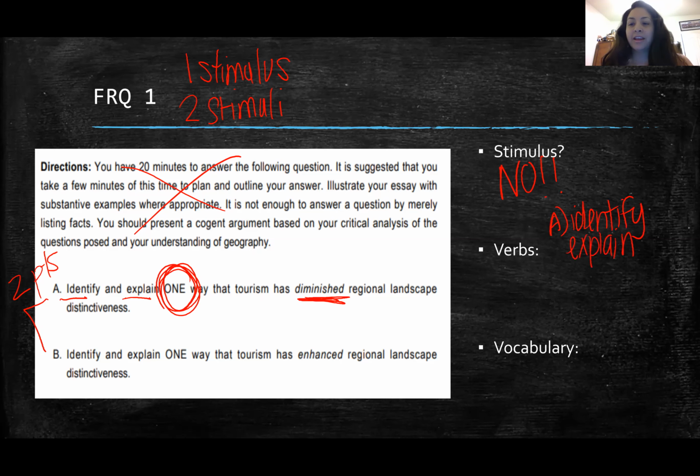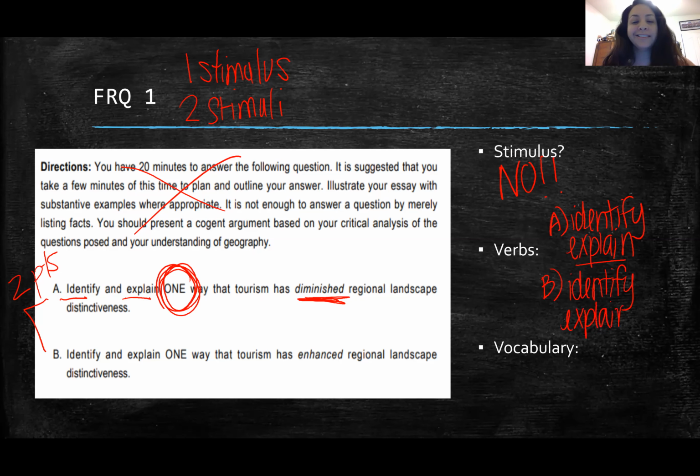Are these 2 of the 3 verbs that we may see on our AP exam this year? Well, I know for a fact explain is. Remember, initially we had 5 FRQ verbs that we had to be aware of. Now the College Board has let us know that we're only going to be utilizing 3 of those verbs, and explain is totally on there. It's one of the biggies. So, identify and explain are the verbs for letter A. Letter B, identify and explain as well.